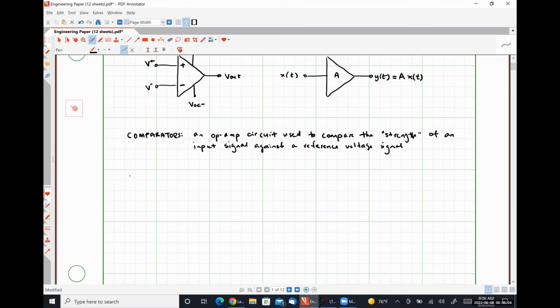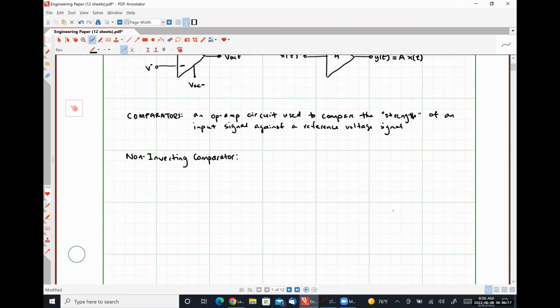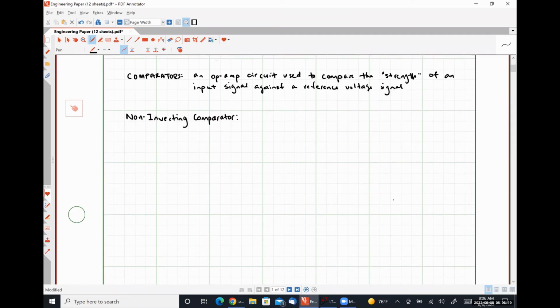The first is the non-inverting comparator, whose schematic diagram would look something like this.